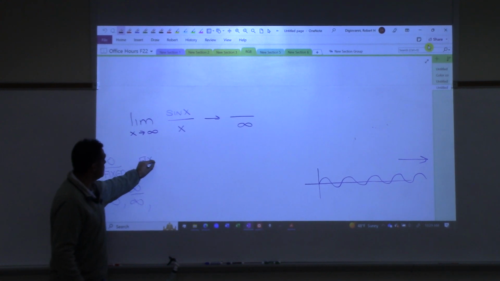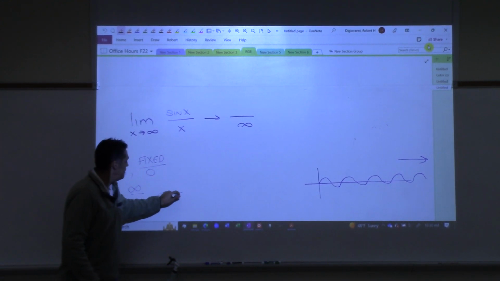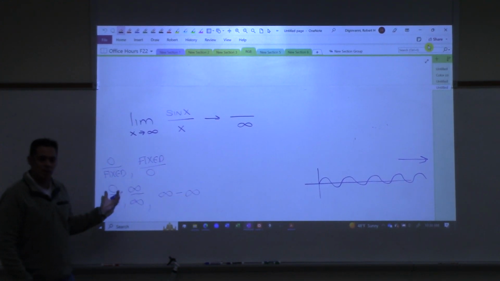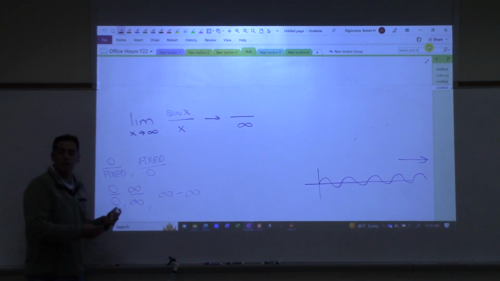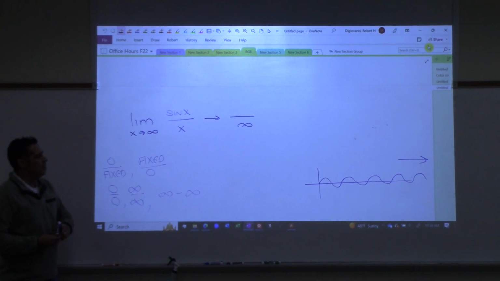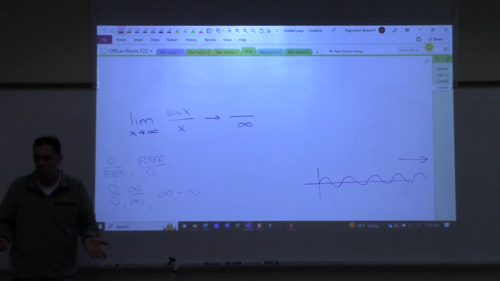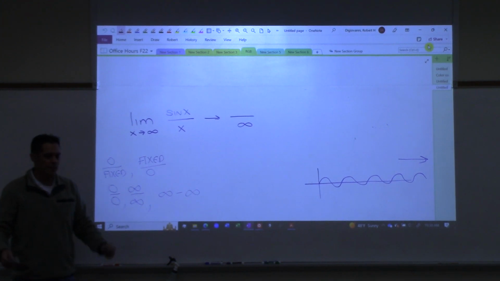We can even do fixed over 0, can't we? We can do that as well. What else? Oh, we know how to do infinity minus infinity. We've talked about all these different things so far. We have at least some comfort level with all of these, but we have yet to see a problem like this where on the top we actually don't know what's happening. It's not headed to 0 or infinity or anything.